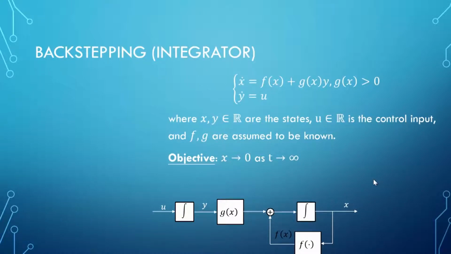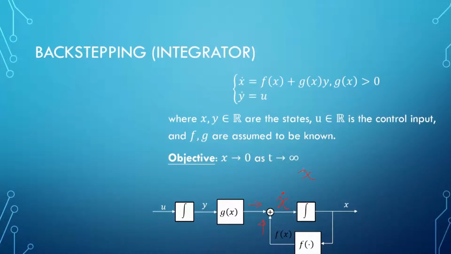So this X dot, after we do some integration, X dot is here, right? And X dot equals what? It is the summation of two inputs, right?